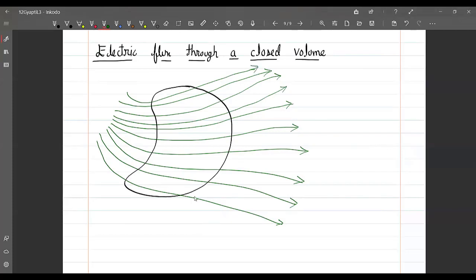Now, this is a closed volume. But even a closed volume is made up of areas. Every volume has a surface area. If it is a closed volume, it has a surface area. At each and every point, you can draw small surfaces. At some region, flux will be entering, and at some region, flux will be exiting.